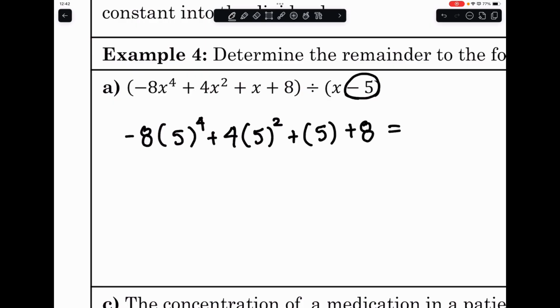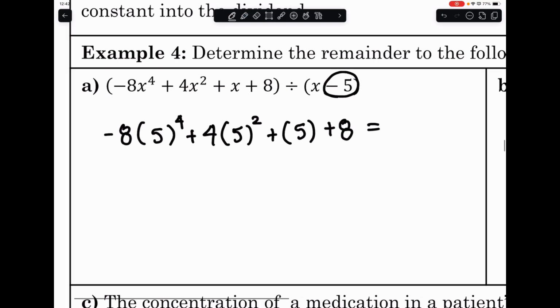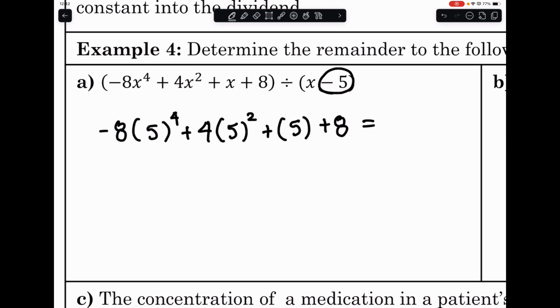Using a calculator, we end up with a total of negative 4,887. So this is going to be your remainder.